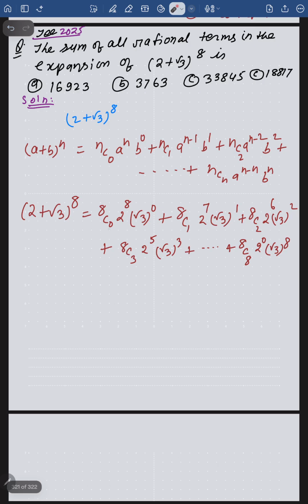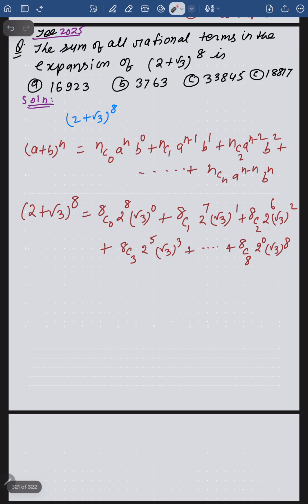Now you can see the first term will be independent of √3 because (√3)^0 is 1, so this is a rational term. This is (√3)^1, so √3 will be there, so this is an irrational term. This is (√3)^2, so this will become a rational number, √3 into √3 is 3.